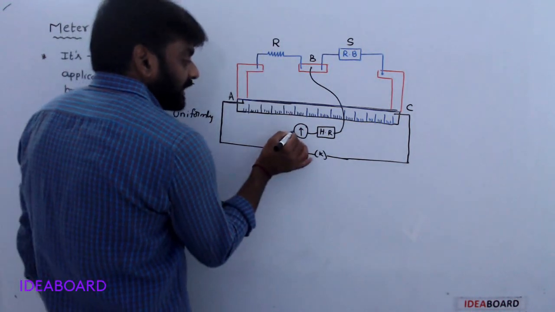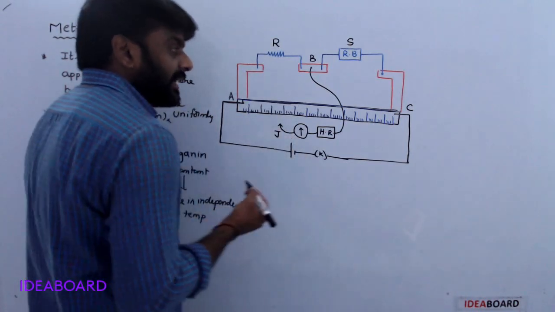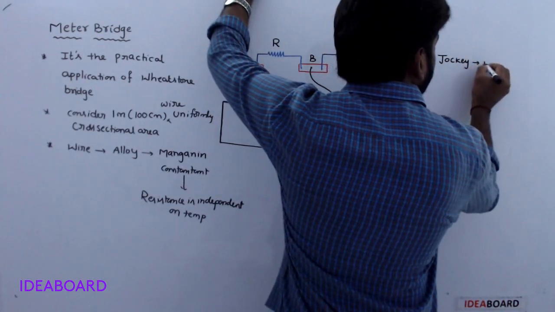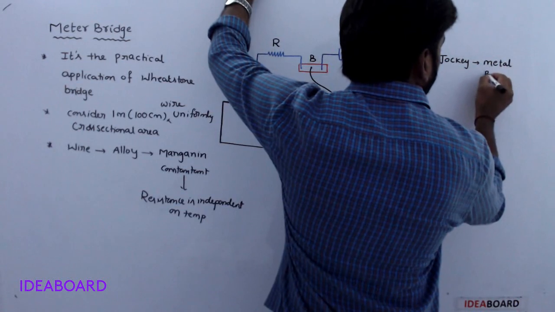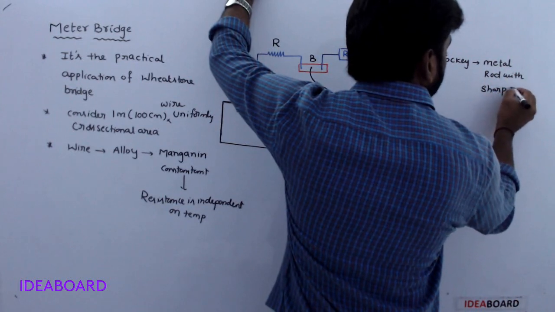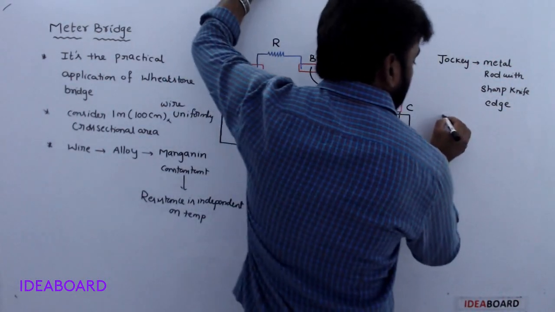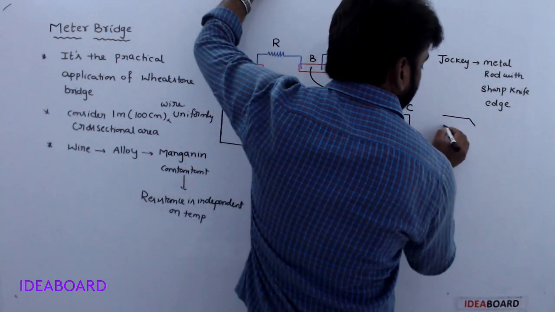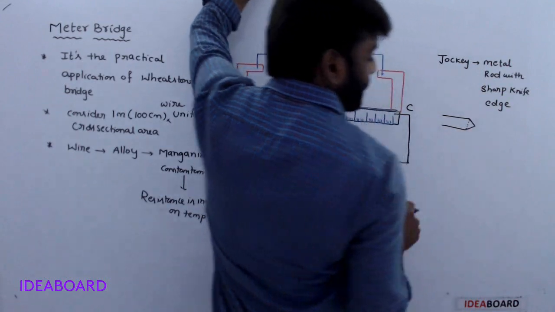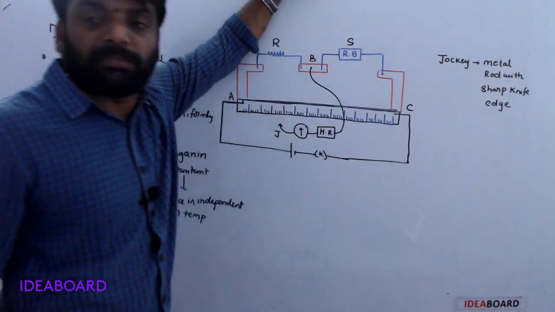Next, the galvanometer is connected to the jockey. The jockey is a metal rod with a sharp knife edge.